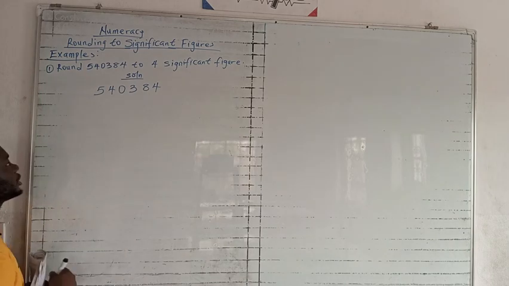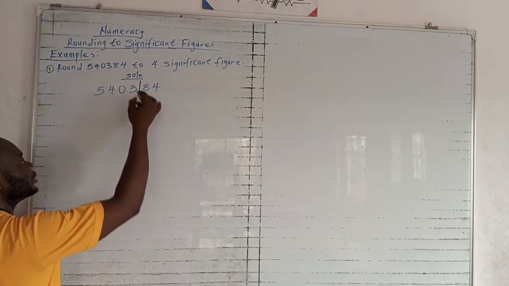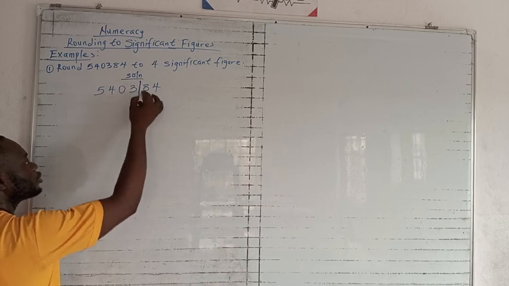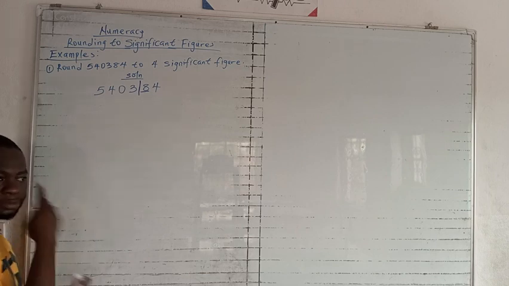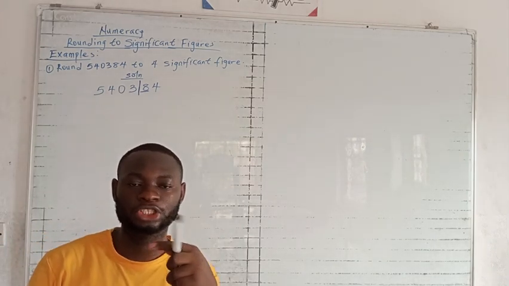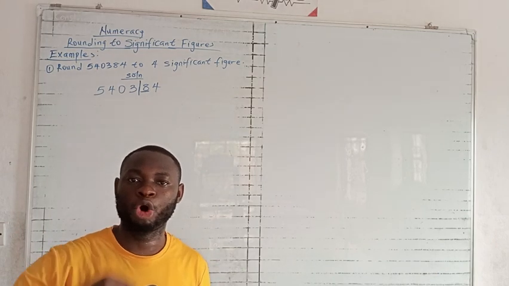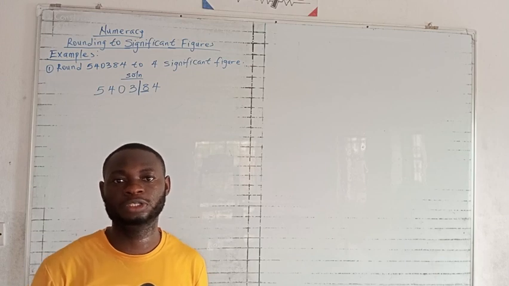Then we put our slash. Once you put your slash, you consider the digits at the right hand side of the slash. You can then round up or round down depending on the group the digit falls in.